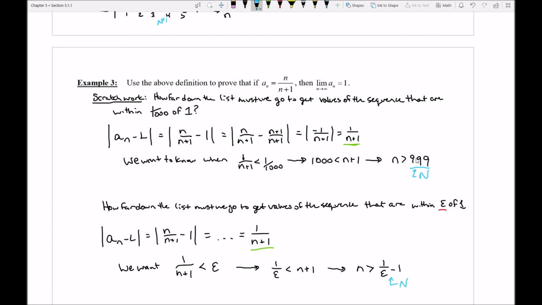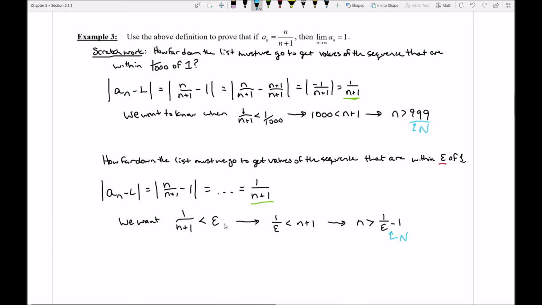But what if I wanted to be less than, say, 1/1 billionth? Then how far down the list do I have to go to start seeing green gaps getting that small? I have to go 1 over 1/1 billionth, which is a billion, minus 1. So that's 999,999,999. This is a formula that tells me exactly how far down the list to go.